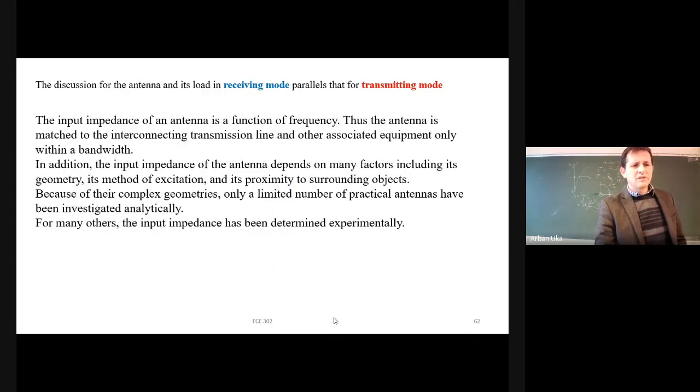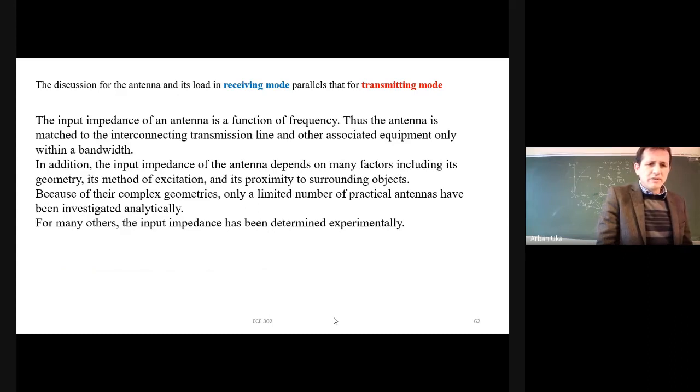One important parameter is that the input impedance of an antenna is a function of the frequency. So the antenna is matched to the interconnecting transmission line and other equipment only within a certain bandwidth. So the frequency components within a certain bandwidth can communicate well.